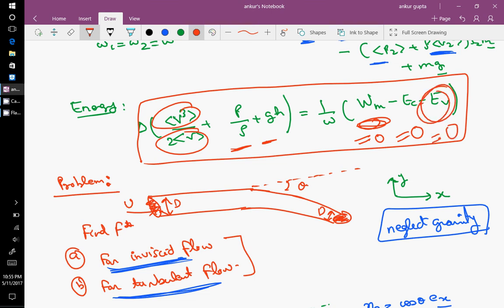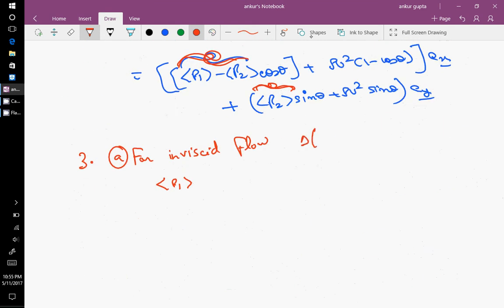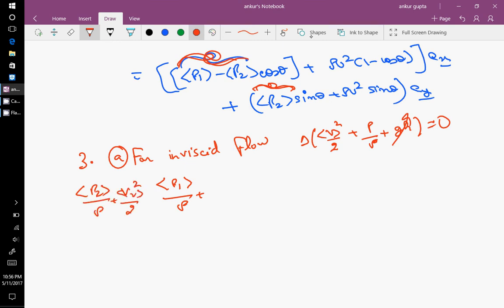Okay, so we can write that delta of v square by 2 plus p by rho plus gh is equal to 0. Because there is no change in height, we can also remove this. In other words, p2 by rho plus v2 square by 2 minus p1 by rho, where delta means we first evaluate at point 2 and then at point 1.